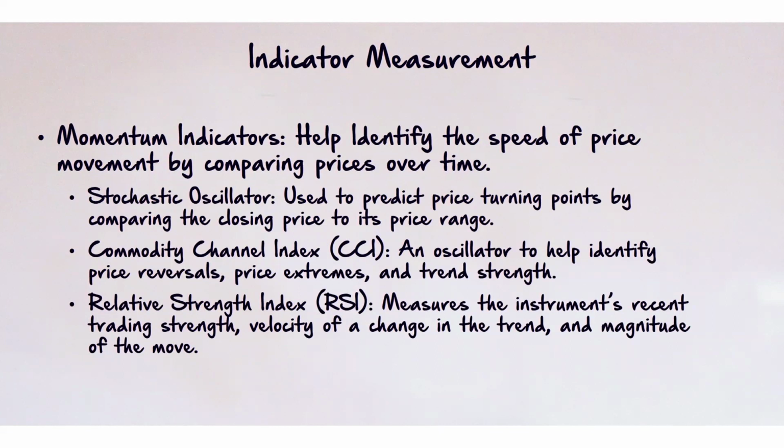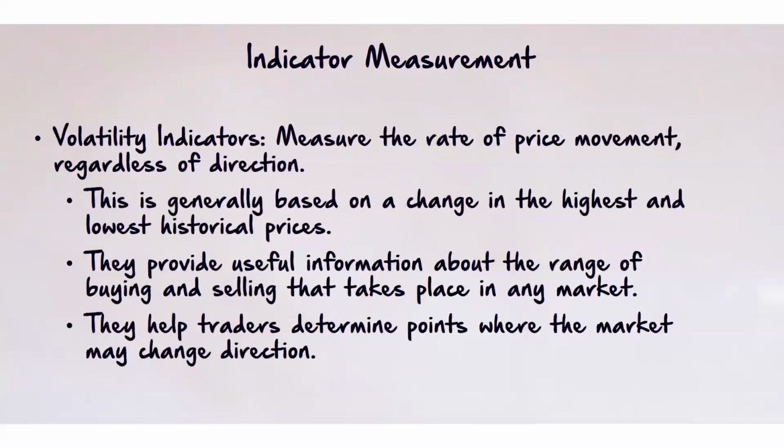So indicators like stochastic, the commodity channel index, CCI, and the relative strength index measure more of the recent trading price strength, speed, and magnitude of whatever move they are making. So they help you to determine if the market is going to change direction or maintain its current direction. These are some of the things that the indicator will help you to do.